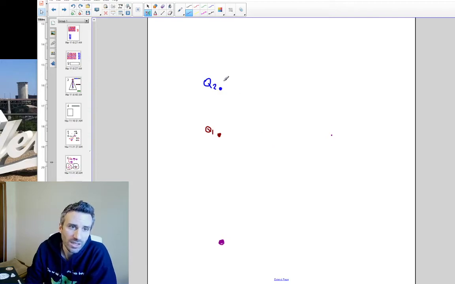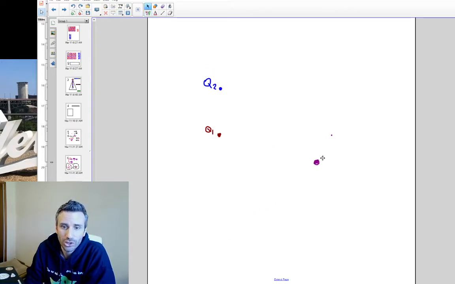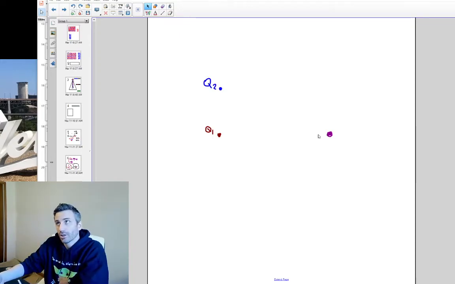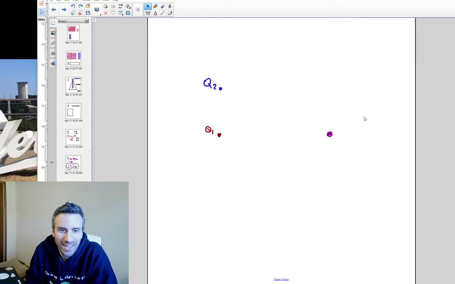So what I'm going to do is I'm going to take an extremely small test charge. I'm going to put it there. Now that test charge is going to serve the purpose of only kind of putting the charge there solely for the purpose of figuring out how much force there would be if I were to actually put it there. I know that seems a little bit meta, right? And so what we do is we call it a test charge.